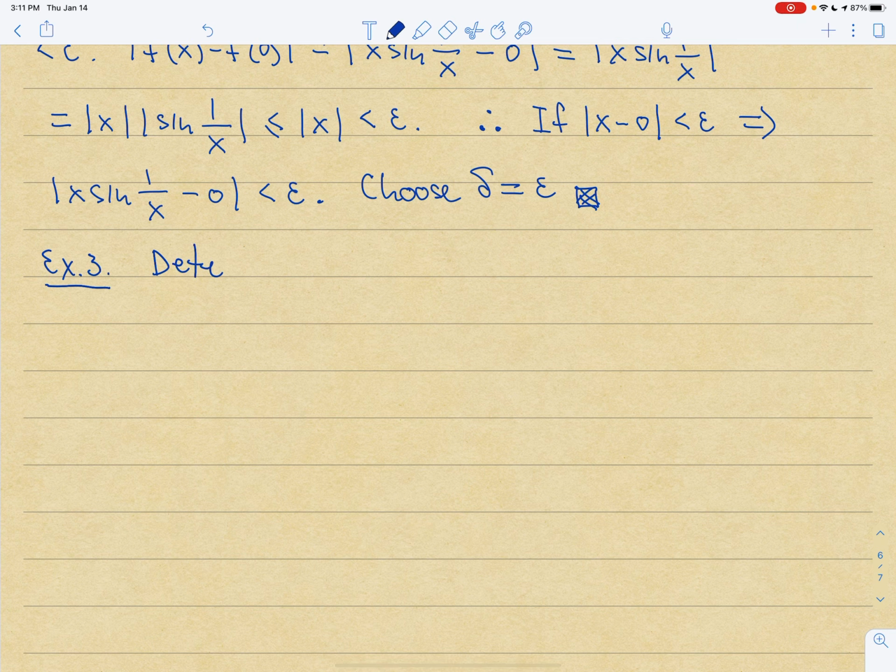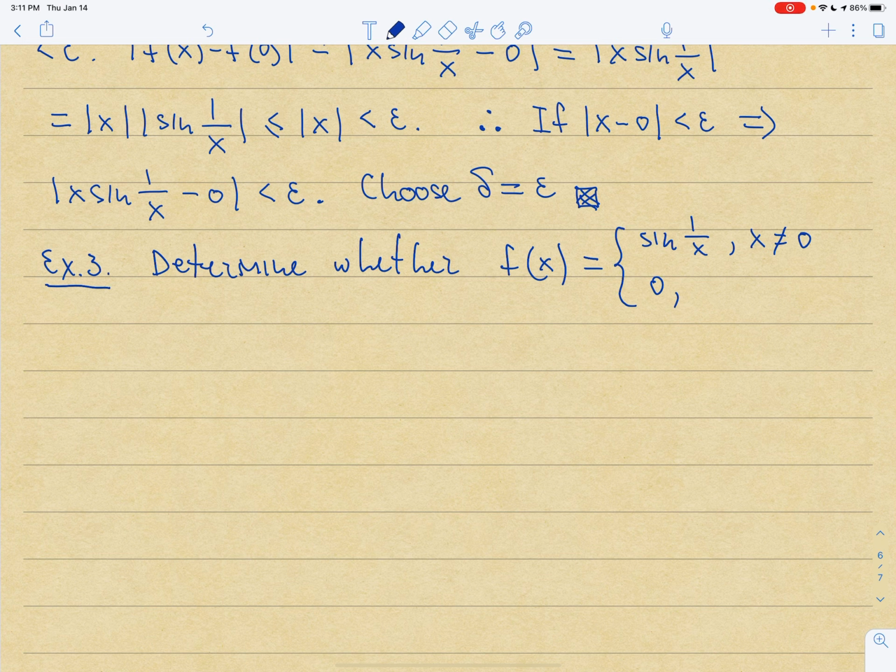I want to determine whether f of x, defined as follows: sine of 1 over x if x is not equal to 0, and 0 if x is equal to 0, is continuous at 0, x equal to 0 still.